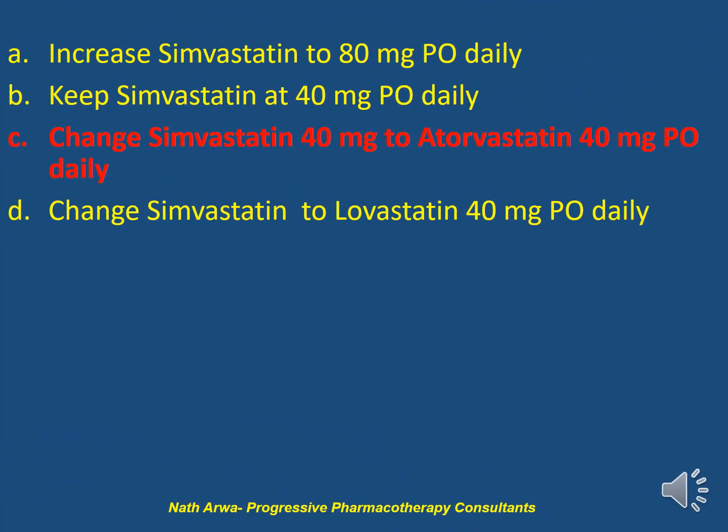In my opinion, choice C would be the best option. Now, A is incorrect. Diltiazem, which she's taking for her AFib, has a major drug-drug interaction with simvastatin, so I would not retain it at all.